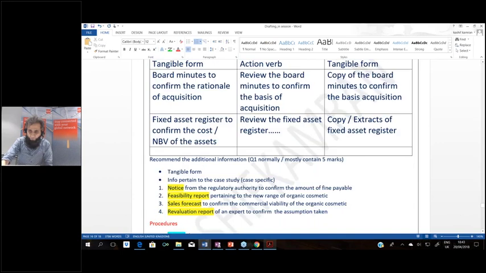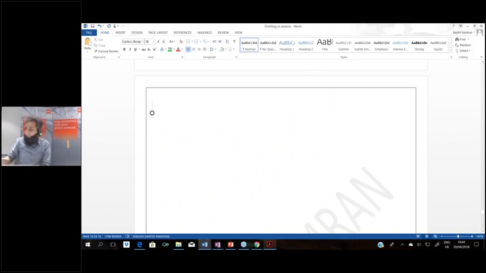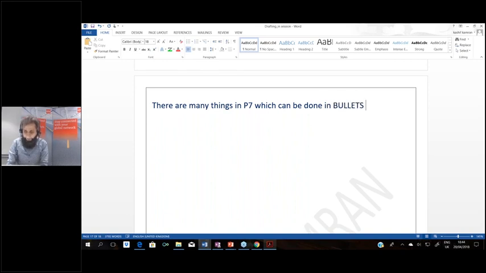Okay, let me do one more frequently asked question. Please remember one thing. There are many things in P7 which can be done in bullets and can save your time, and normally students waste time writing them in paragraphs.